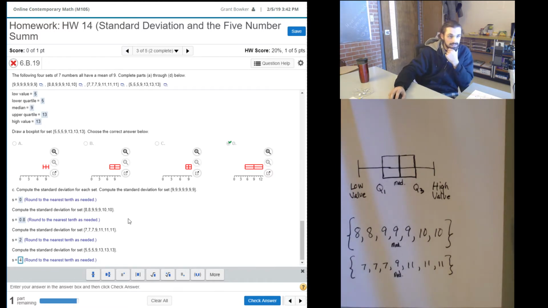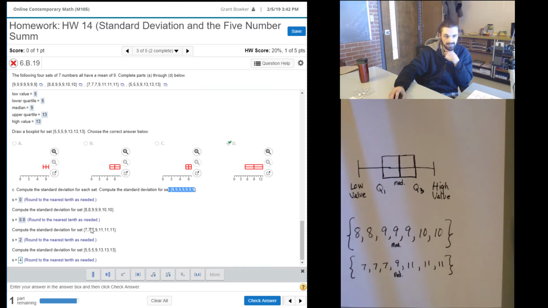So recognize this first set had a standard deviation of 0, which means it's a constant set. The values of that set do not deviate, hence a 0 standard deviation. And then, well, they deviate a little bit in this next example. Instead of straight 9s, we have a couple 8s and a couple 10s. So the standard deviation increases a little bit.